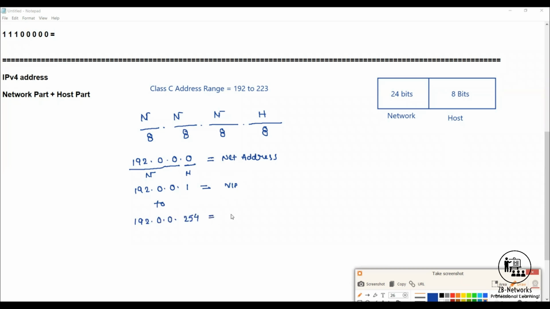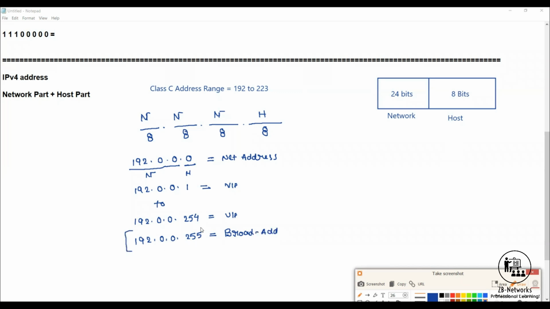That's your last valid IP. And if you make the host bits all high, 192.0.0.255, the answer is 255, so it is your broadcast address of this network.